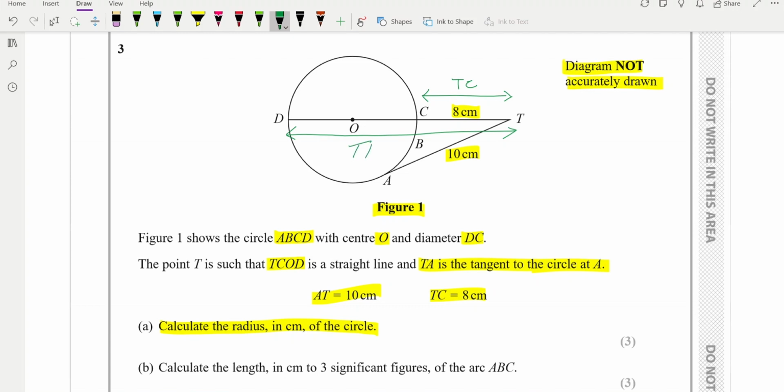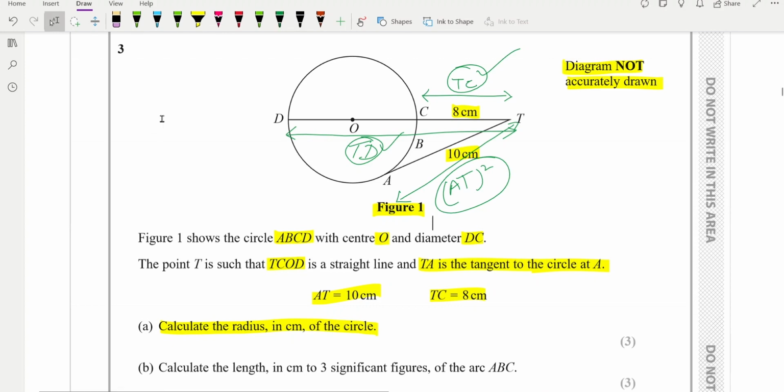So TC multiplied by TD is equal to AT square, and AT is this one. So this multiplied by this will be equal to the square of this.